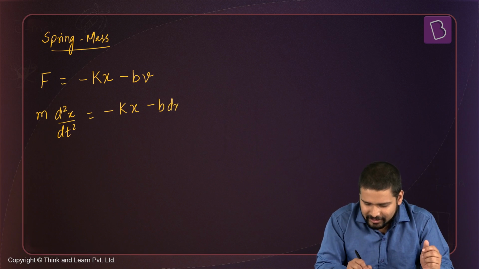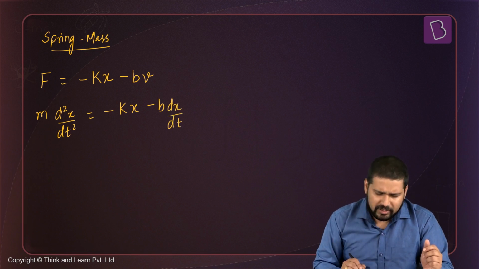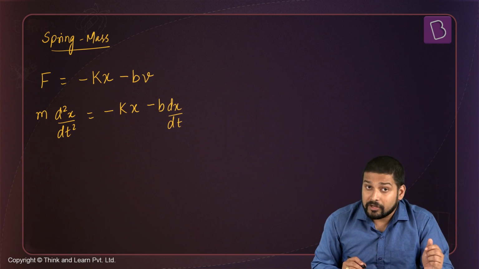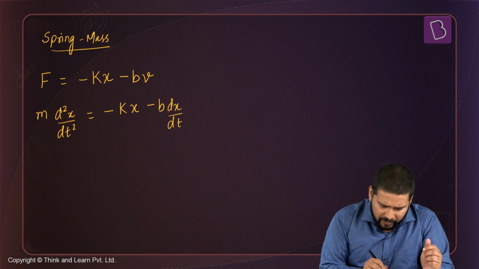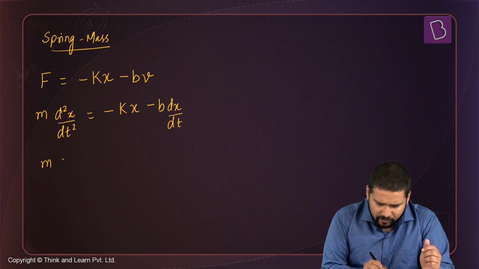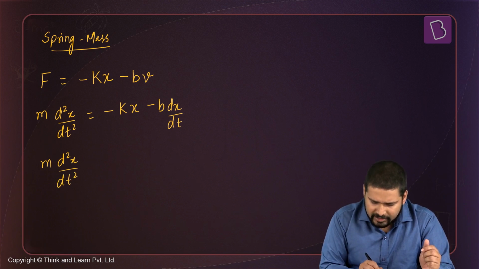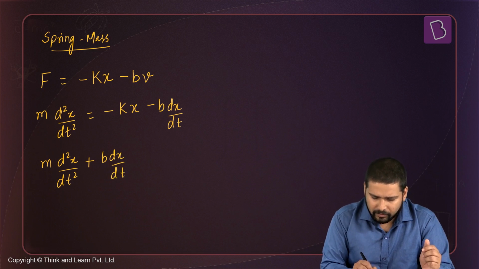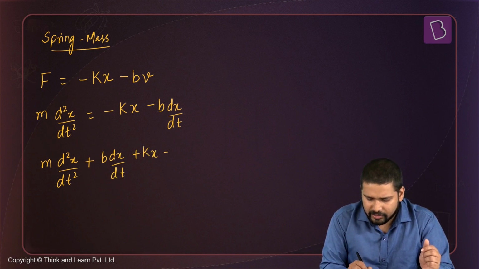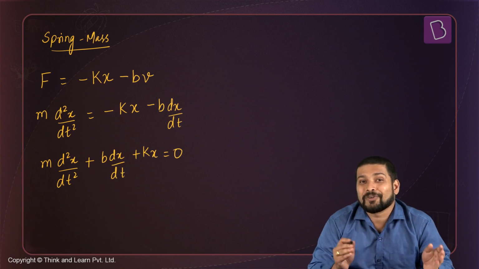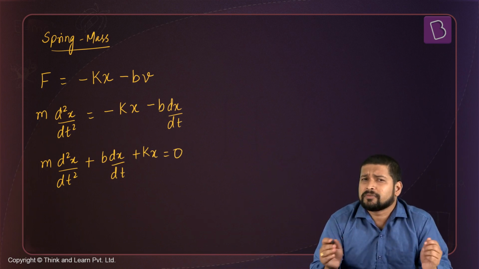Now let me express this in the form of a differential equation. So I'll get m d square x by dt square plus b dx by dt plus kx, and this is equal to 0. Right, so this is what we get for a spring mass physical system.